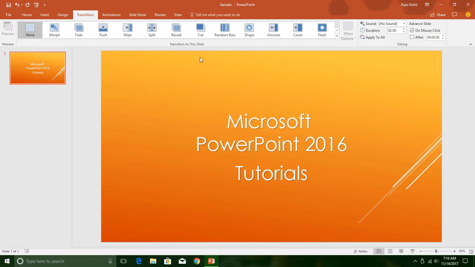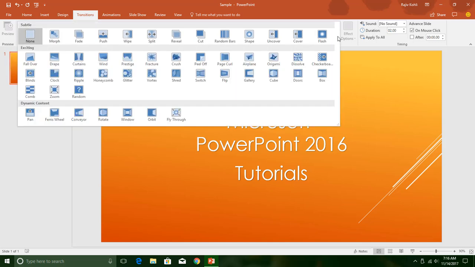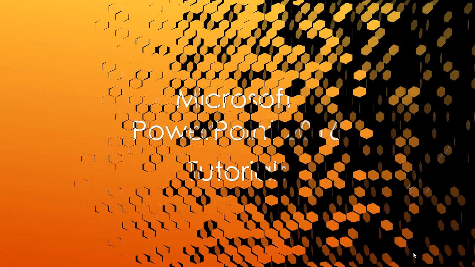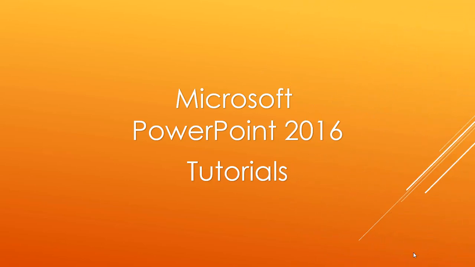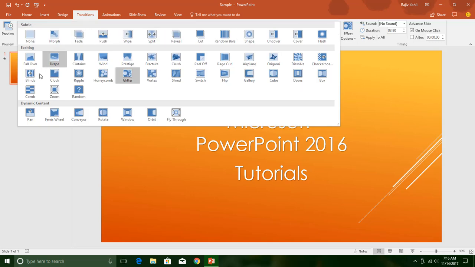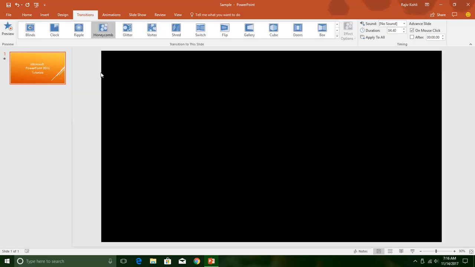No problem, let's first apply a simple transition on this slide. Let's say I go with glitter. As you can see the preview here, and if now I click on the slideshow button, your presentation will come with that effect, and it will create a little bit of effect on your audience, and you can choose any of these transitions as you like.